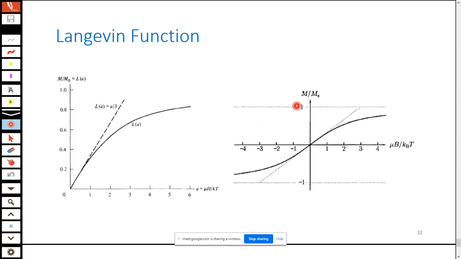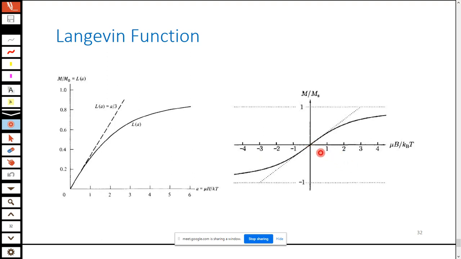This is again the same function plotted in both quadrants. In the first quadrant it will be in this way, and in the third quadrant it will look like this. Now look at the difference. Remember the difference between a diamagnet and a paramagnet. In a diamagnet case, if you plot M versus this function, you will get a negative slope.